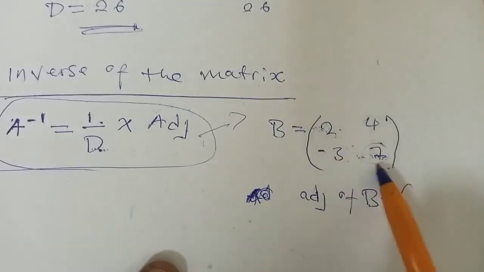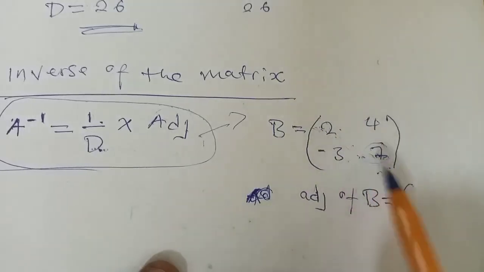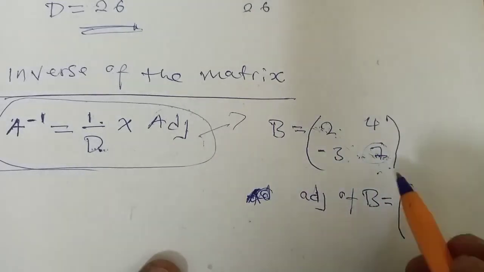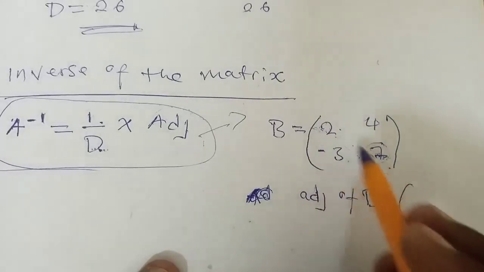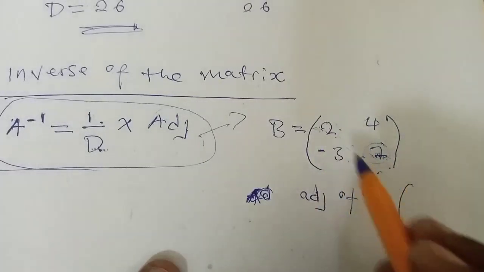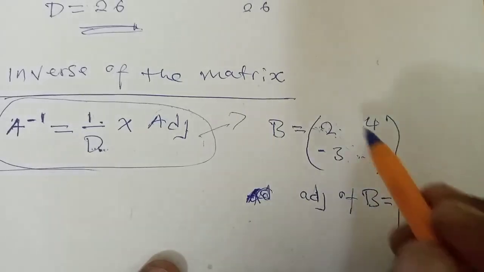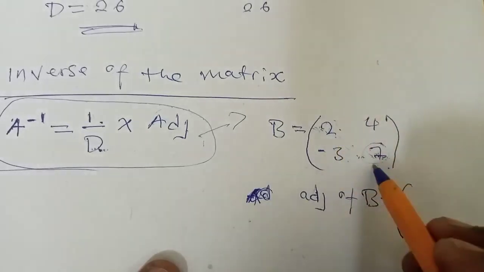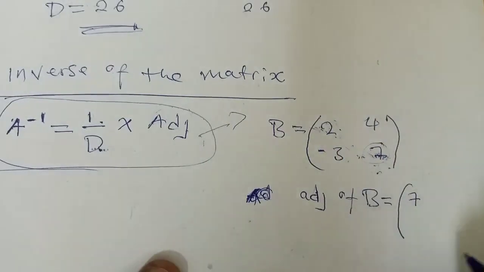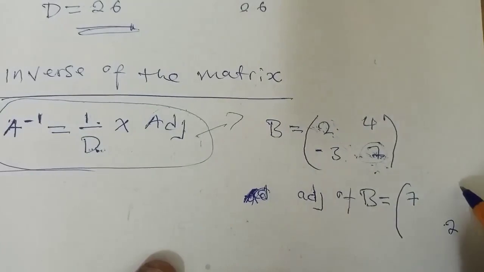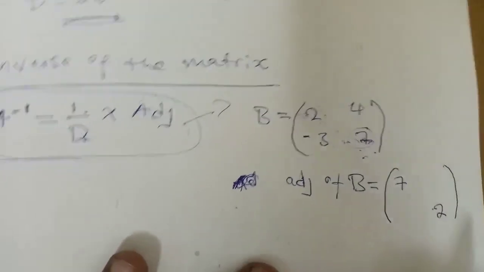So this is 7, right? This is on the major diagonal. So these two numbers are on the major diagonal, so they'll swap their areas, meaning that 7 will come here and 2 will come here. So they will just swap their sides like that. Okay, as simple as that.